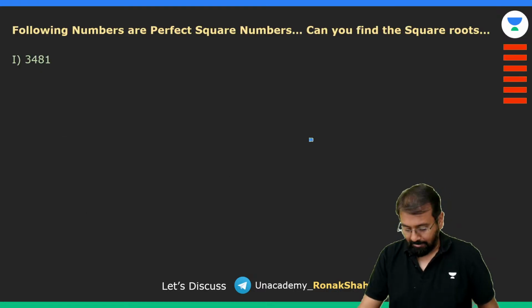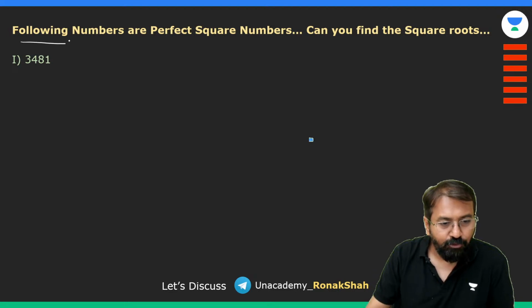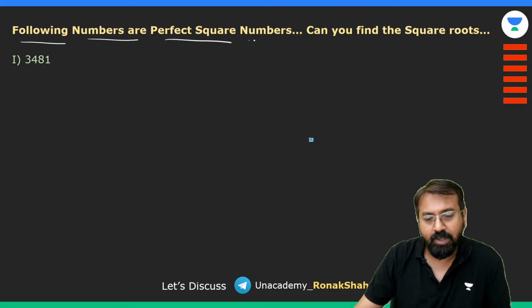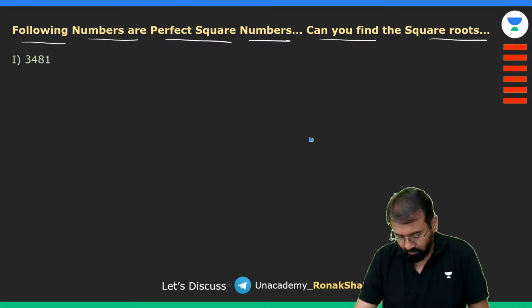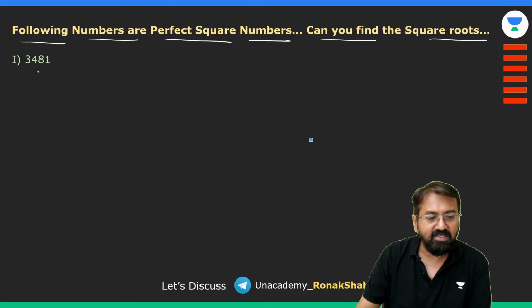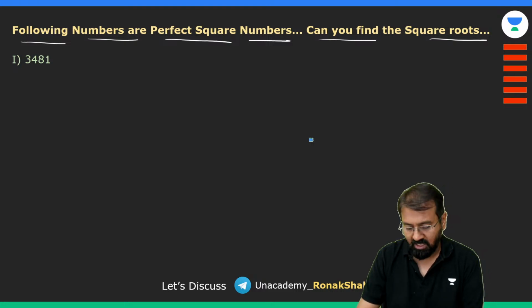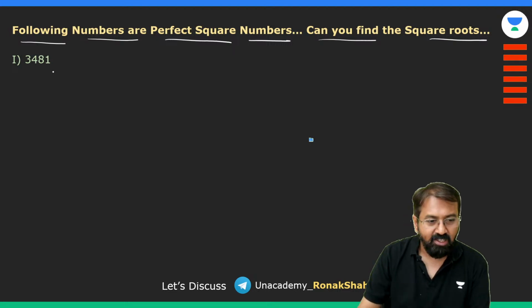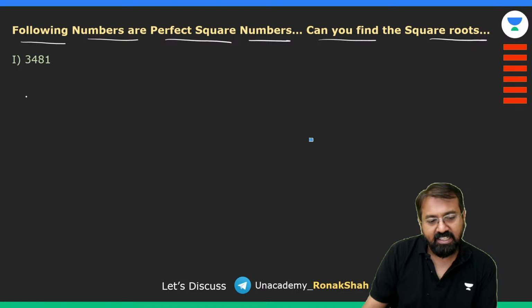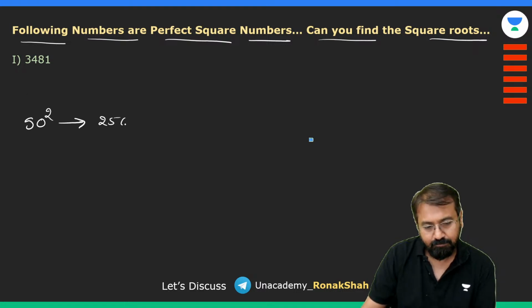Okay. Now guys, following numbers are perfect square numbers. Can you find the square root? Guys, can you tell me which number square is this 3481? Everyone, can you find out? So let's understand how to do it. Now see, please understand, can I say 50 square is 2500, right?